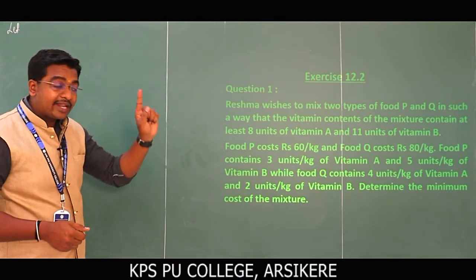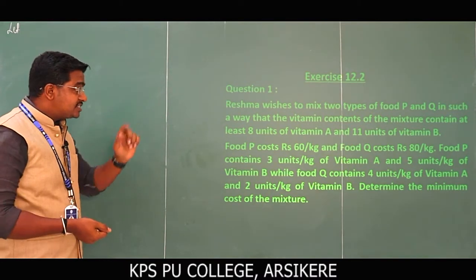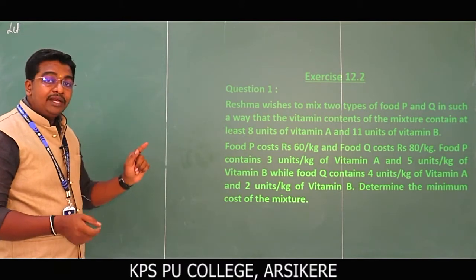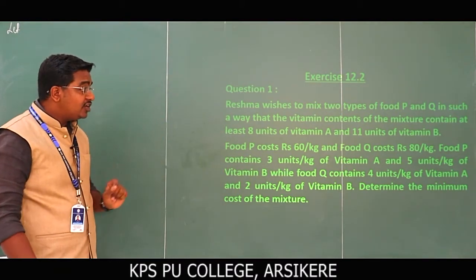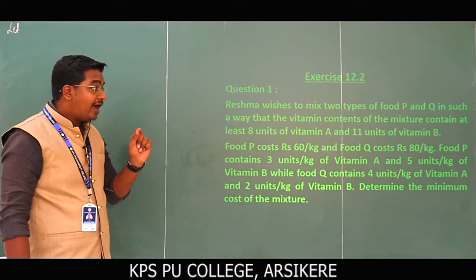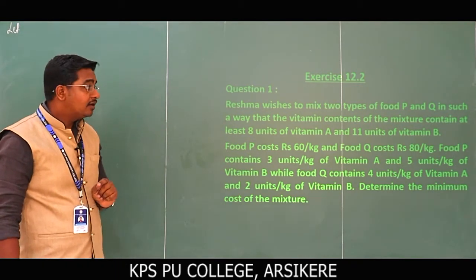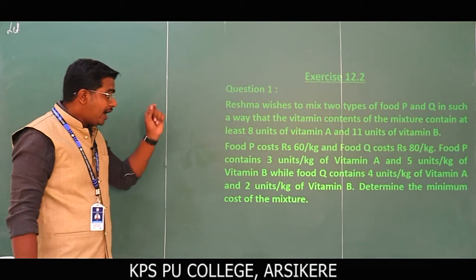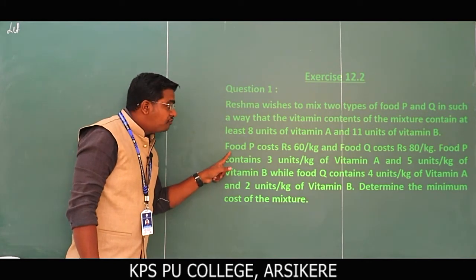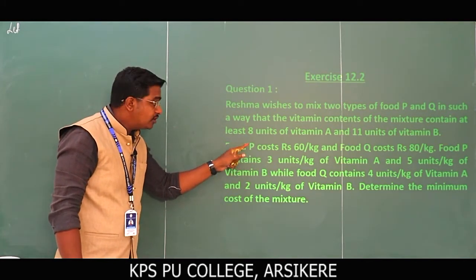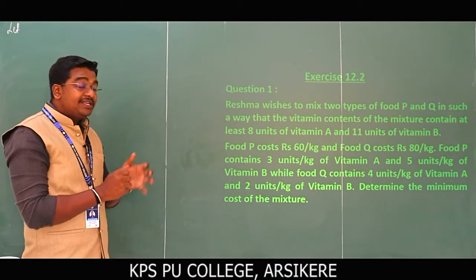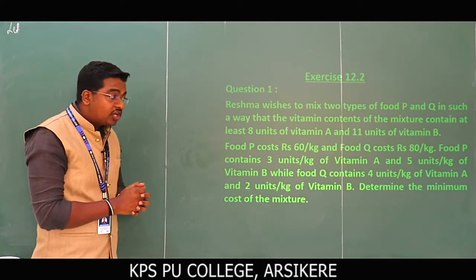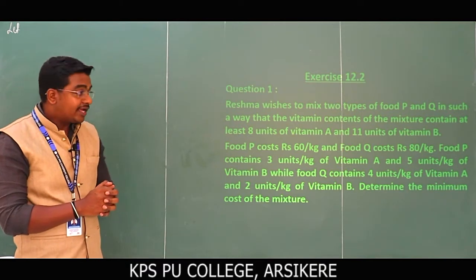One is P, another one is Q, in such a way that the vitamin content of the mixture contains at least 8 units of vitamin A and 11 units of vitamin B. Food P costs rupees 60 per kg and food Q costs rupees 80 per kg.